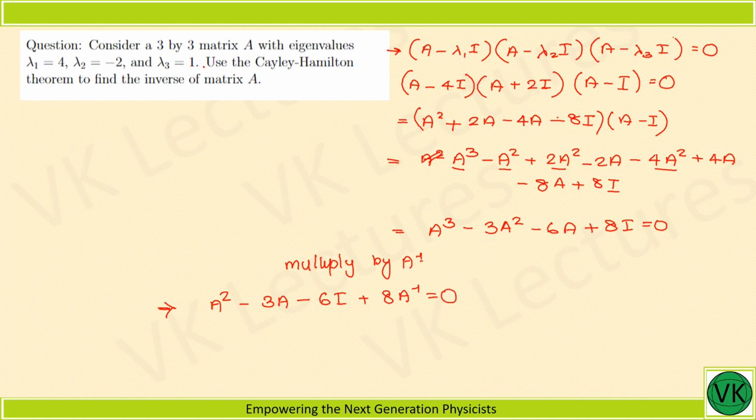Now bring all the other terms except 8A inverse to the other side, so 8A inverse is equal to minus A squared plus 3A plus 6I, and what is A inverse? A inverse is equal to 1 by 8 times minus A squared plus 3A plus 6I.